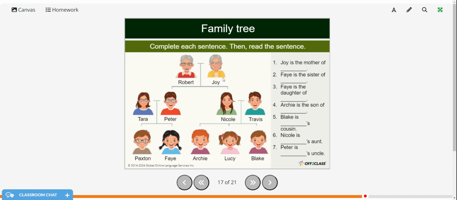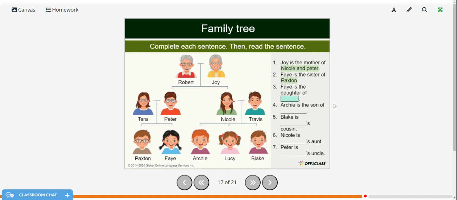All right, so Joy is the mother of Nicole and Peter. Faye is the sister of Paxton.